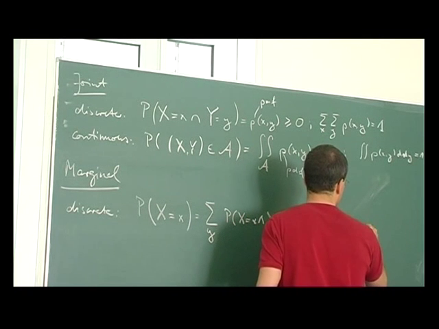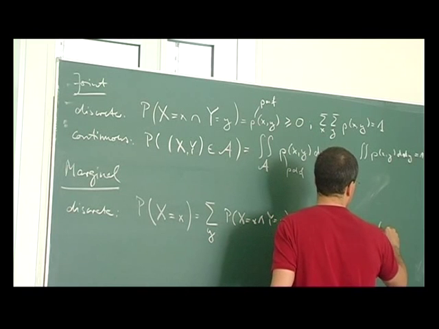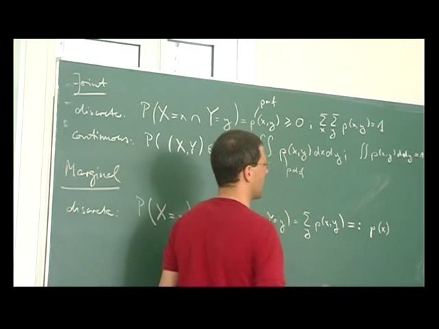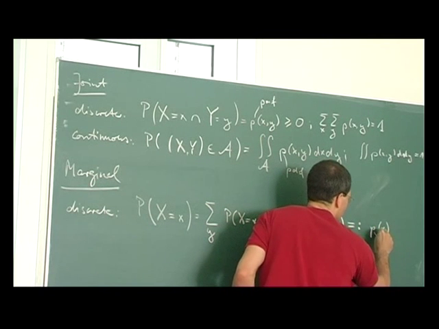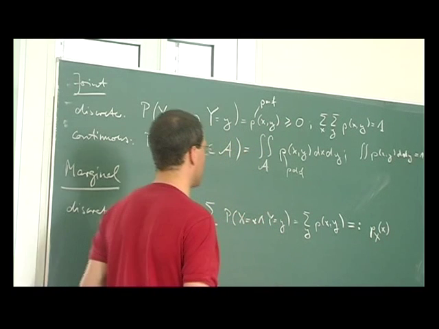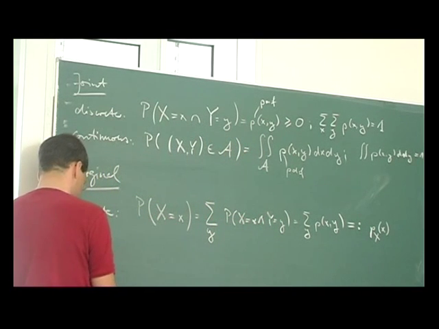That is written in shorthand notation as P of x. Sometimes, if you like, you can add explicitly the random variable, here a capital X, to indicate what probability mass function we are talking about.